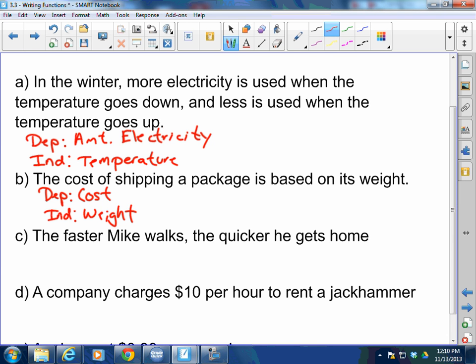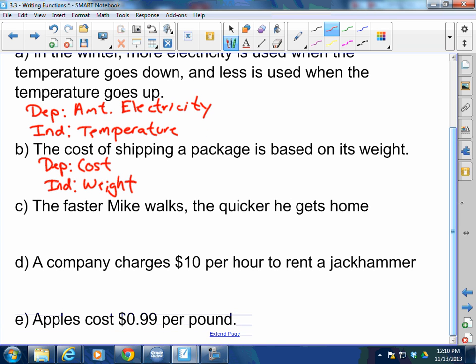The faster Mike walks, the quicker he gets home. This is a good one. What's dependent and what's independent here? Dependent is actually not speed this time. Think about it. The faster Mike walks.